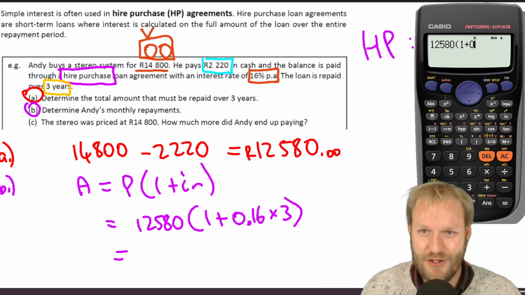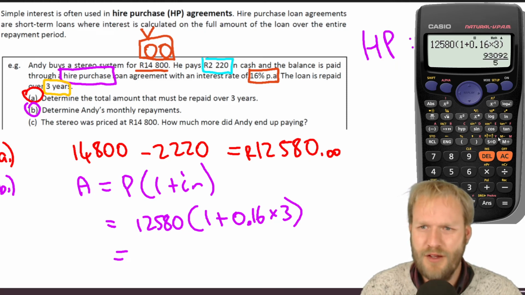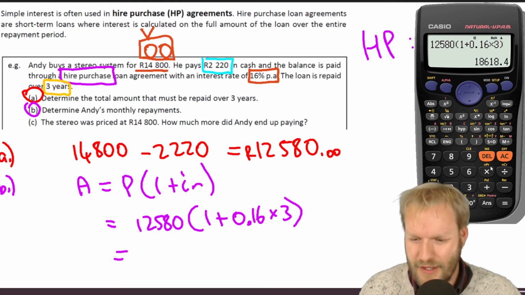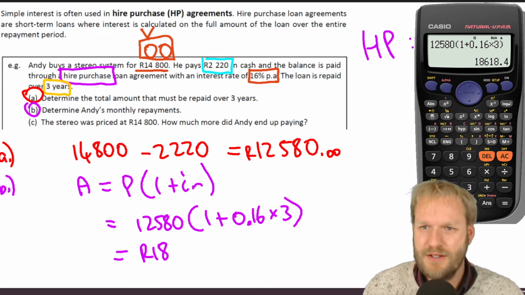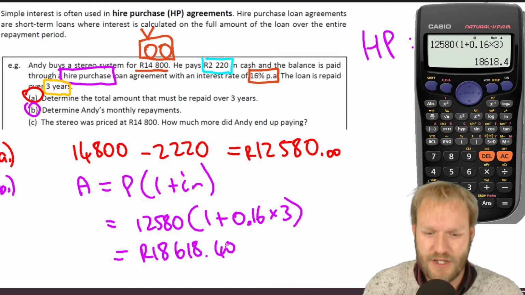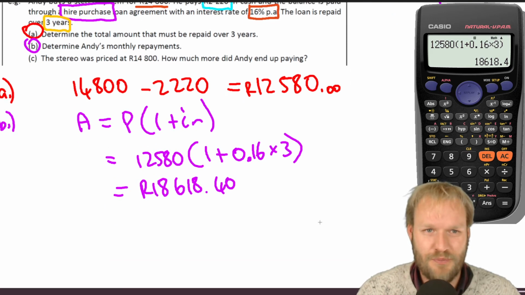So punch that into your calculator as I do. Times 3, because what do you get? S to D. And we've got 18,618 Rand and 40 cents. Okay. So that's how much was owed. That's how much needs to be paid altogether.